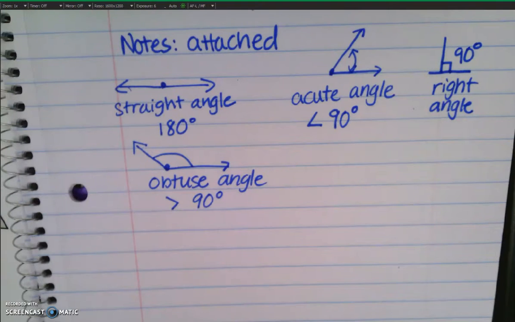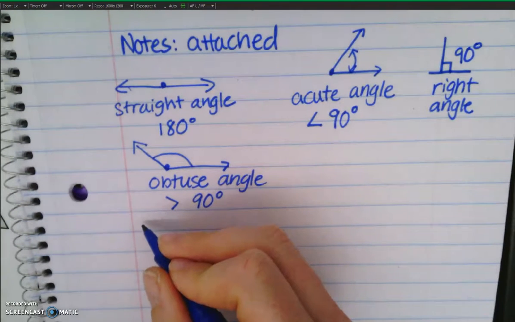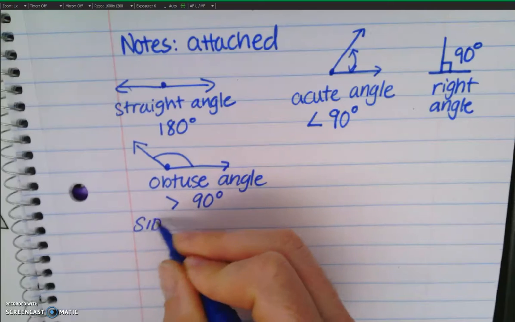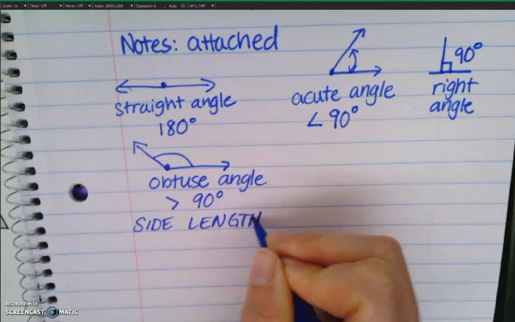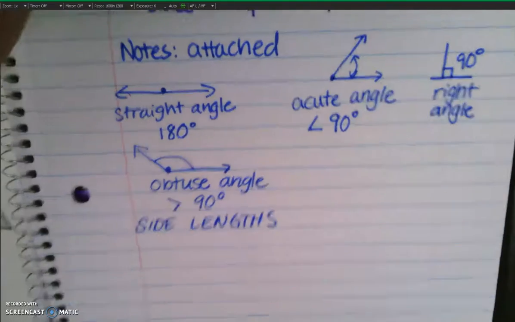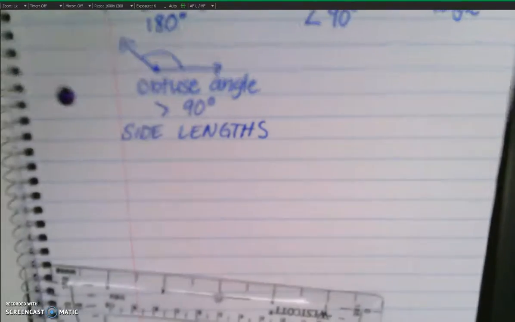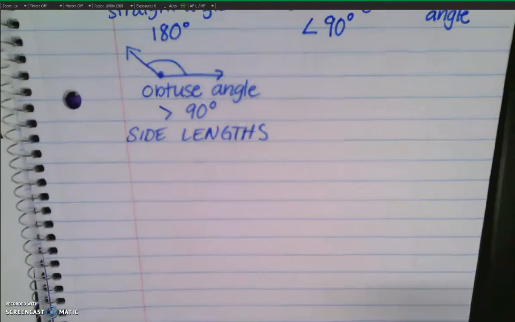There's also ways we're going to classify our triangles. So if we talk about our side lengths, when we have triangles, how many sides does a triangle have? That's right, there's 3 sides to a triangle.